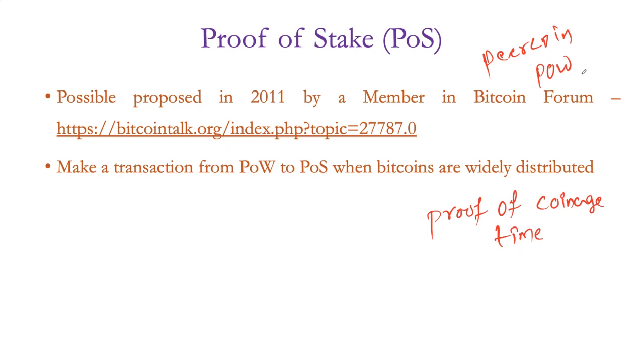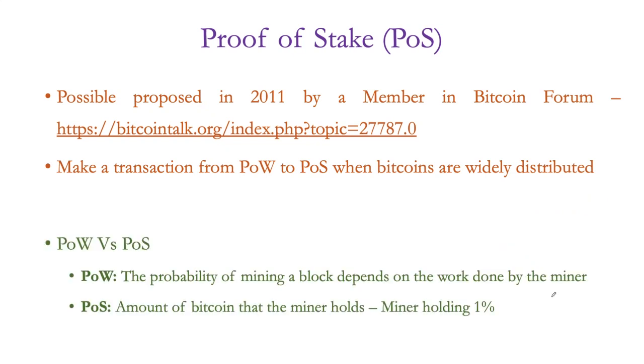So the difficulty of mining the puzzle is inversely proportional to the coin age. If miners consume some coin age using a coin stake transaction, then the proof of work requirements are relieved in this case. So that is the basic advantage of that.